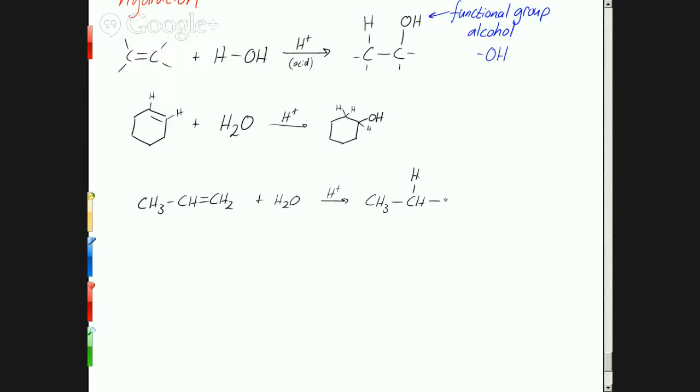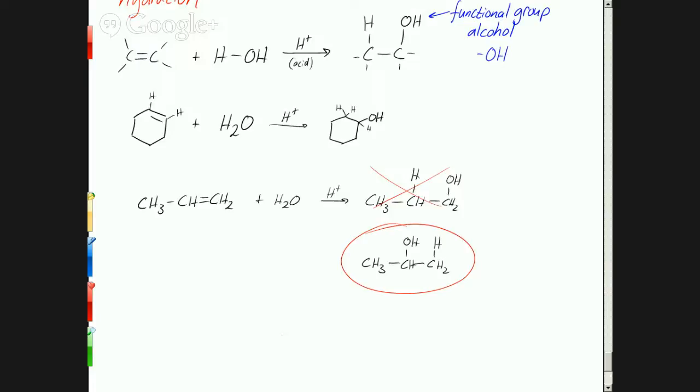We could put the H here and the OH on the end, or we could put the OH in the middle and the H on the other side. And in this case, this does not form, this one forms.